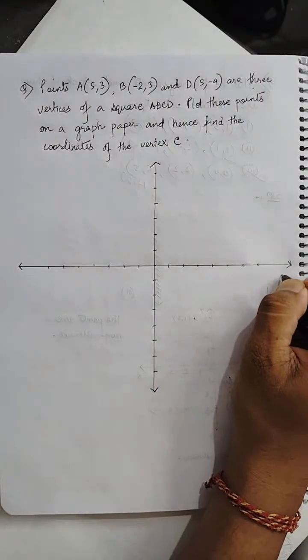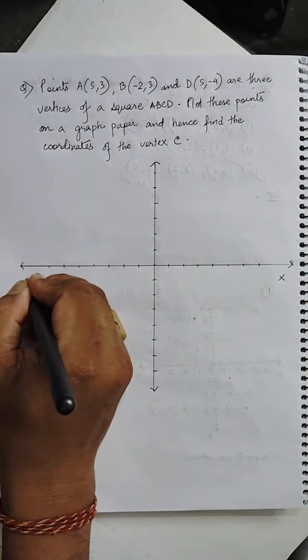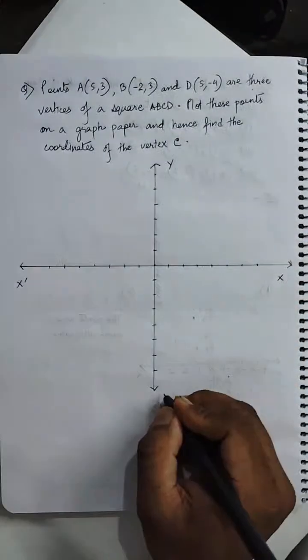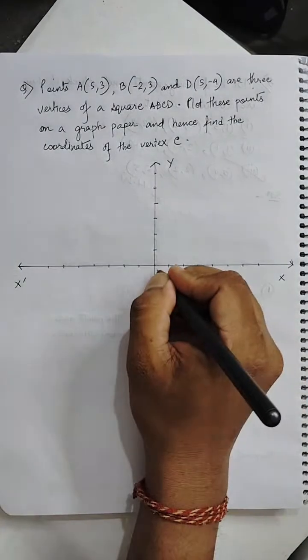Okay, so this is x, this is x dash, this is y, this is y dash, and origin.